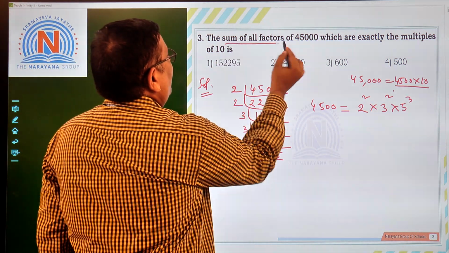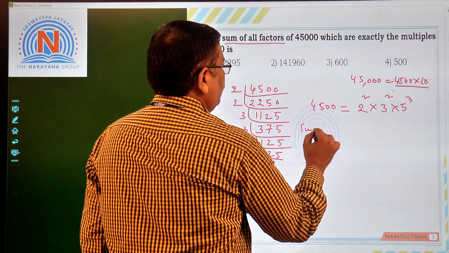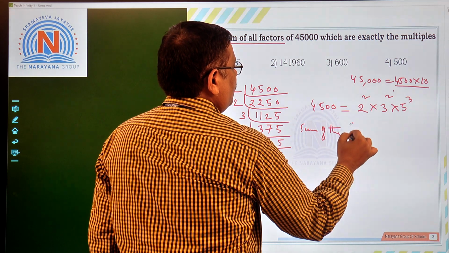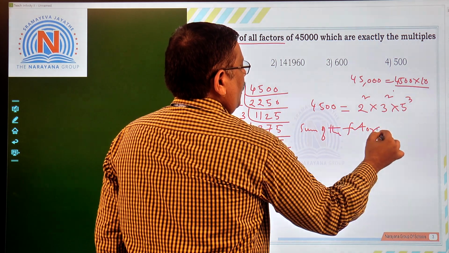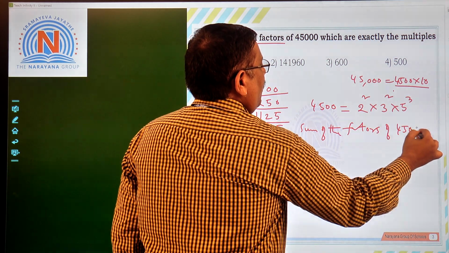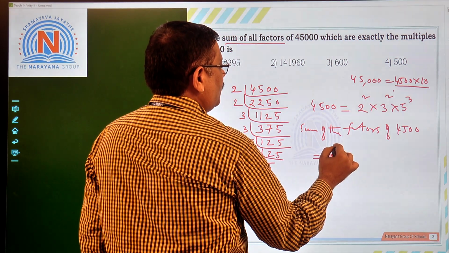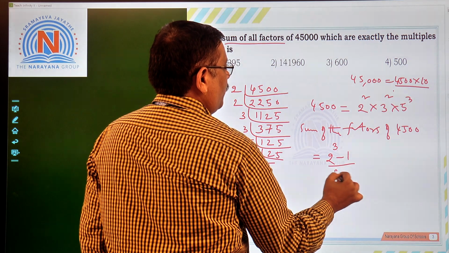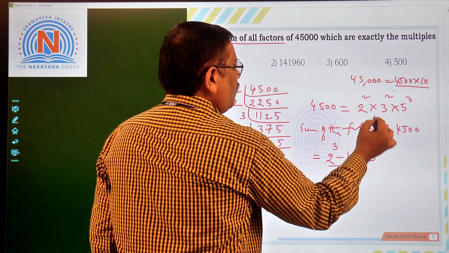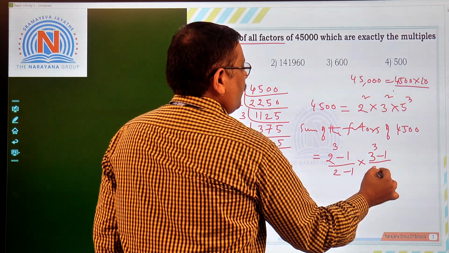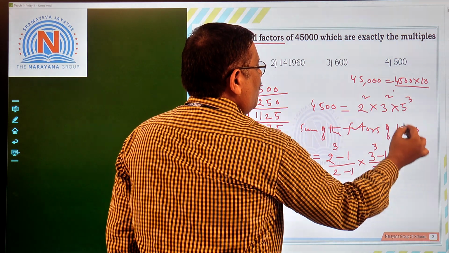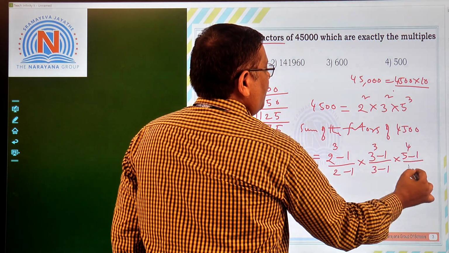Now let us find the sum of the factors of 4,500. Already we know the process. 2 to the power of 2 plus 1, that is 3, minus 1, by 2 minus 1, into 3 to the power of 2 plus 1, that is 3, minus 1, by 3 minus 1, into 5 to the power of 4 minus 1 by 5 minus 1.